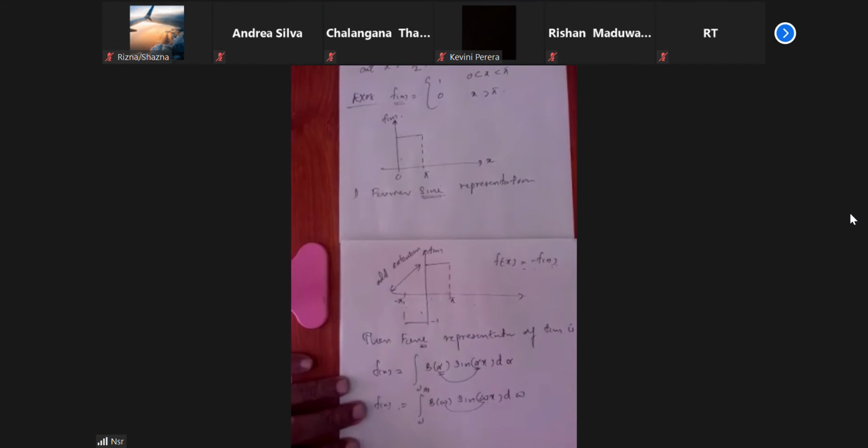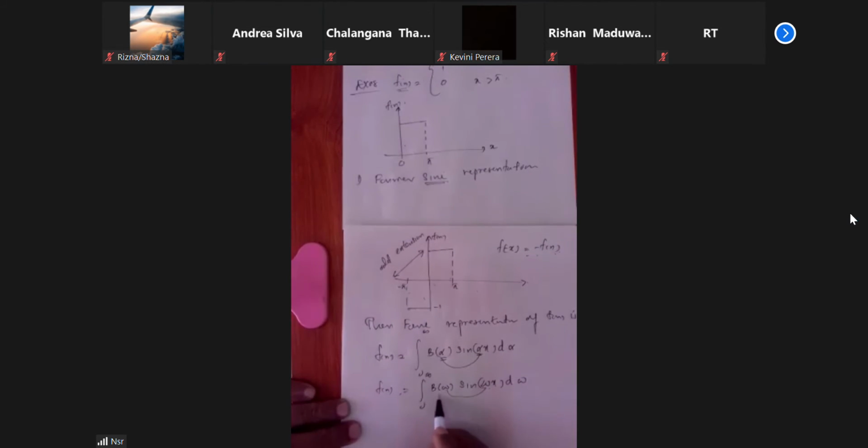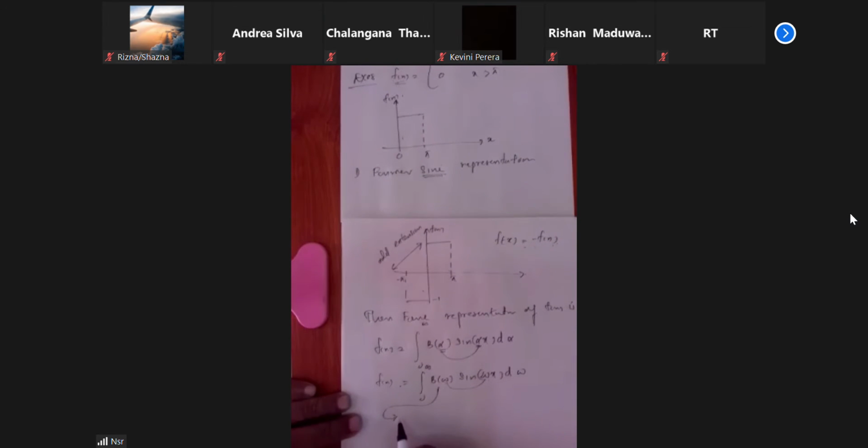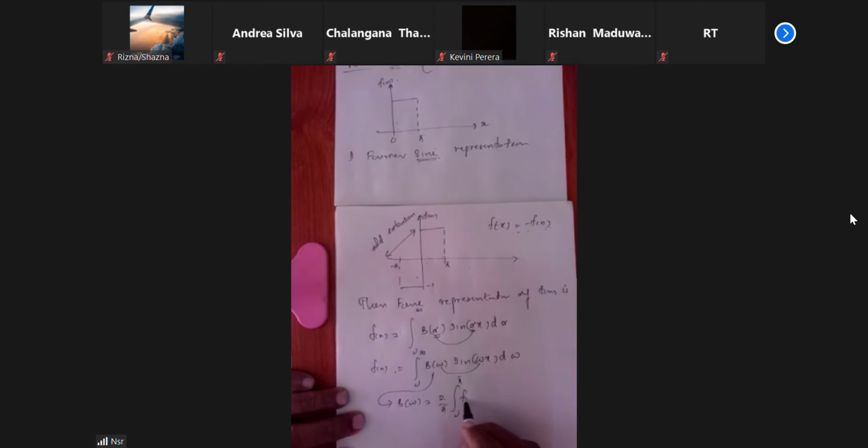That depends on you. One variable you can use. And if you denote it this way, B(omega) or B(alpha) equals 2 divided by pi, integral from 0 to 5 of f(v) sine(omega v) dv.